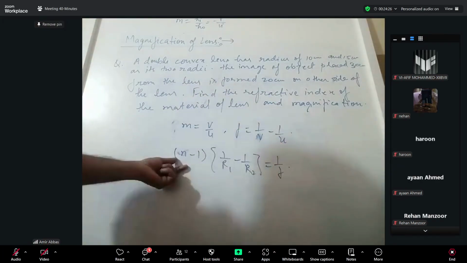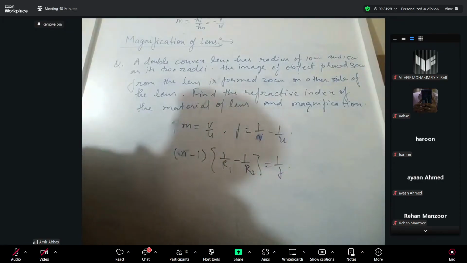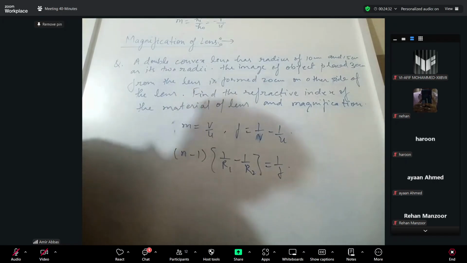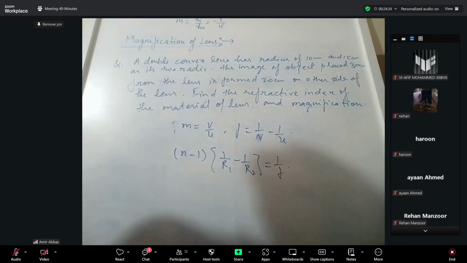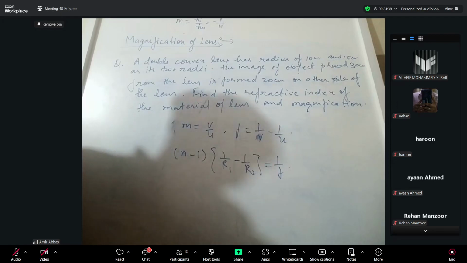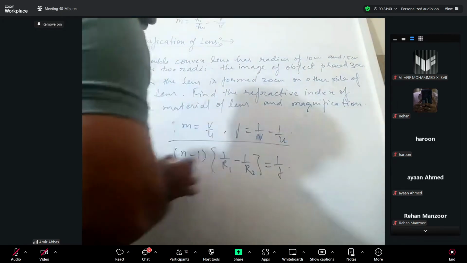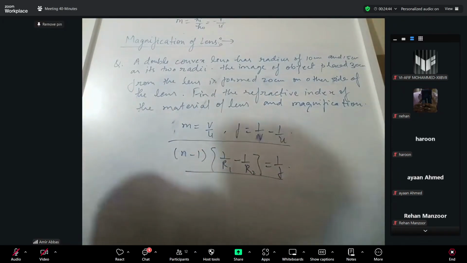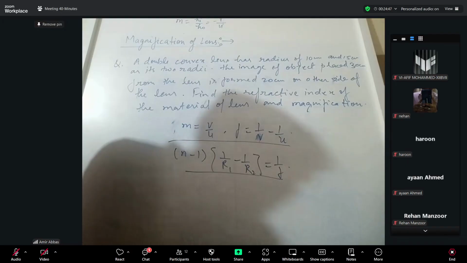By using this, we have to find N, the refractive index of the lens. When we are talking about this, then we are talking about the refractive index of the lens with respect to that medium. So we can find this. Only these three formulas will be used. Have you got this, beta?